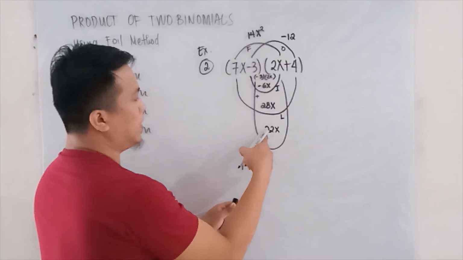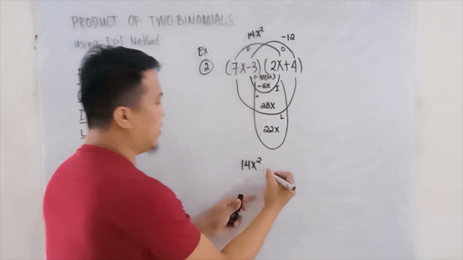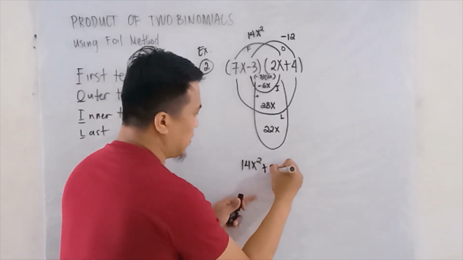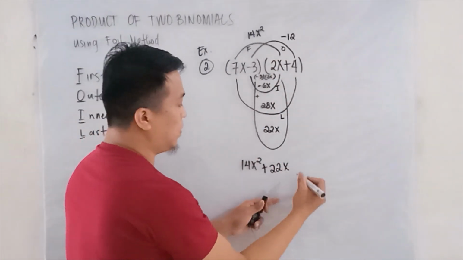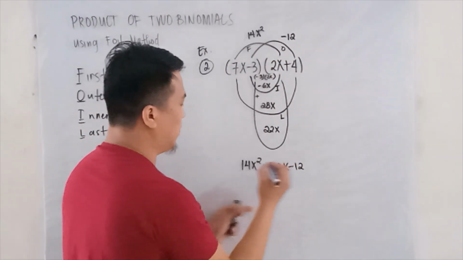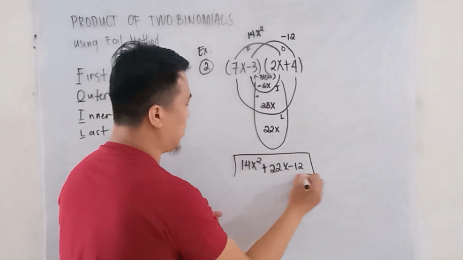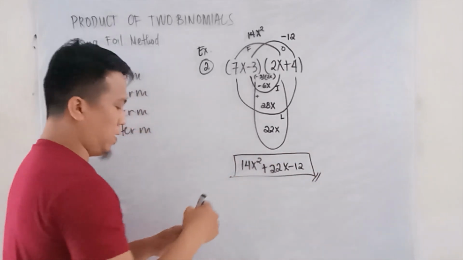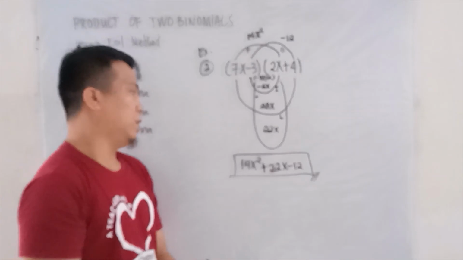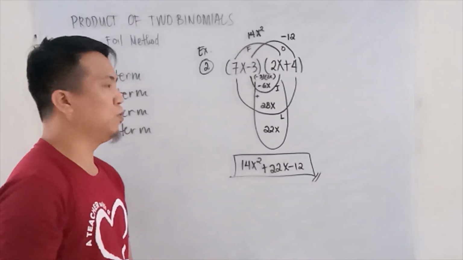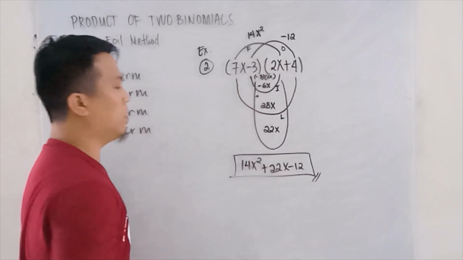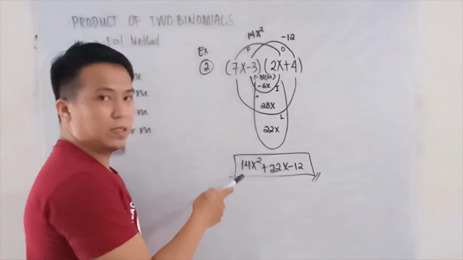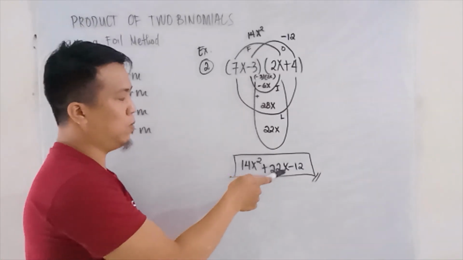Since 22x is positive, we have plus 22x. And then minus 12. So that's it. The product of the two given binomials, 7x minus 3 times 2x plus 4, is 14x squared plus 22x minus 12.